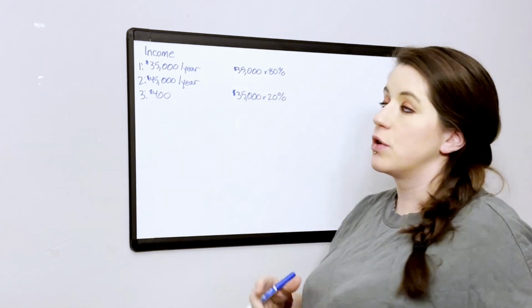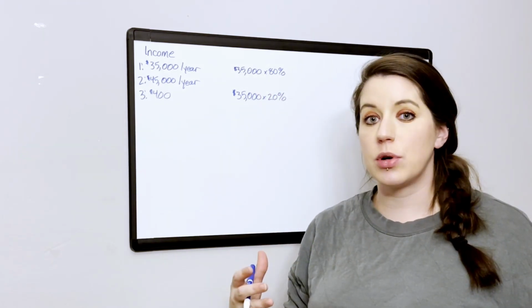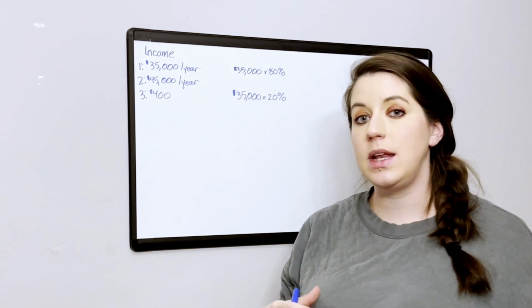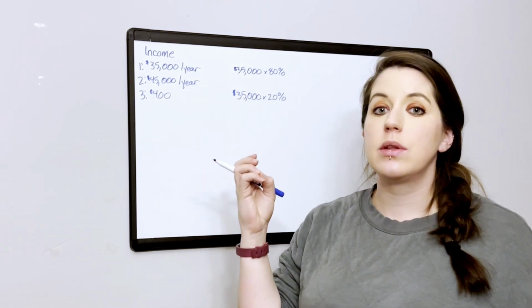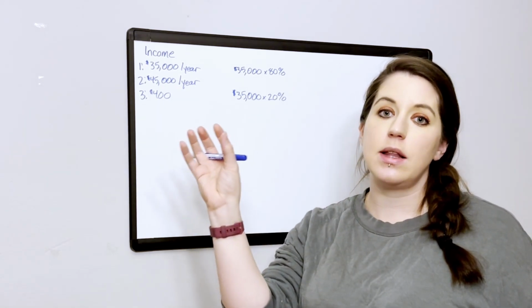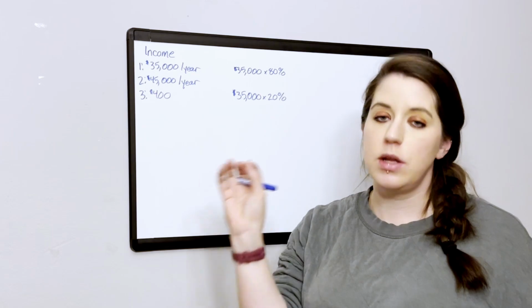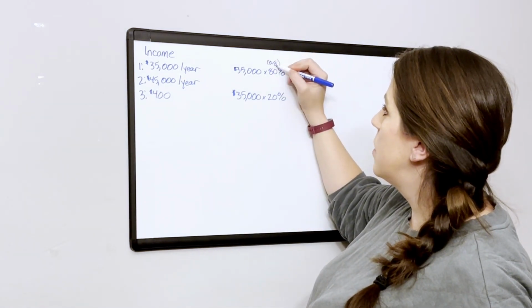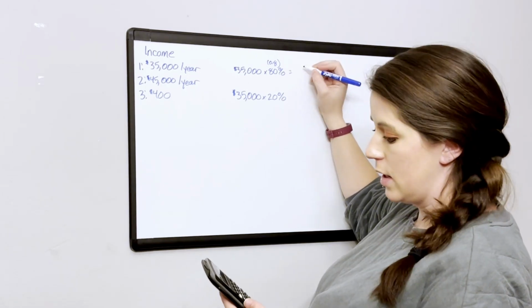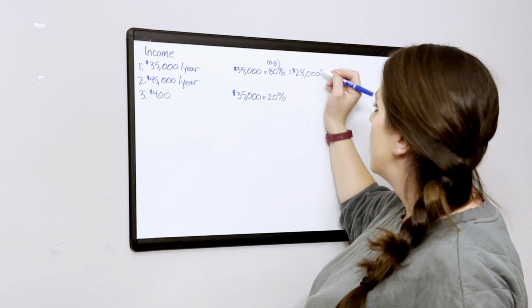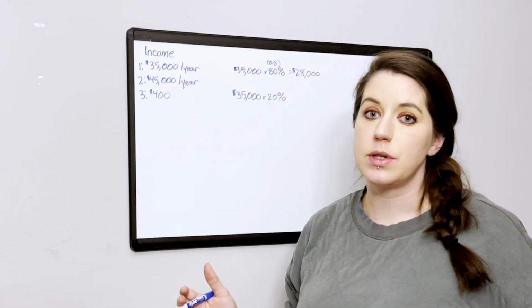The reason for the first one, we are calculating 80%, so we're multiplying the annual gross amount by 80%, is because that's the amount that they're going to keep. So it's the fastest way to calculate exactly what their take-home yearly amount would be. And 80% in decimal form is 0.8, and that would bring us to a take-home amount of $28,000.